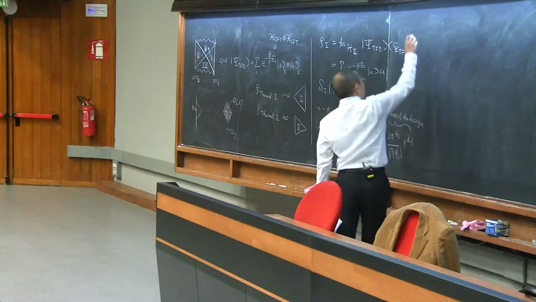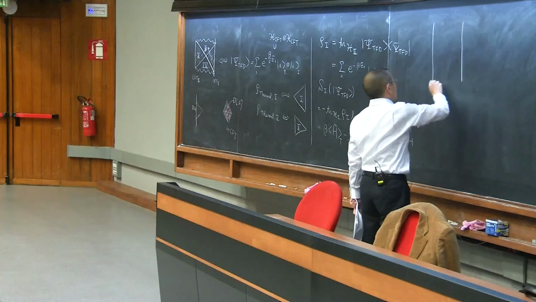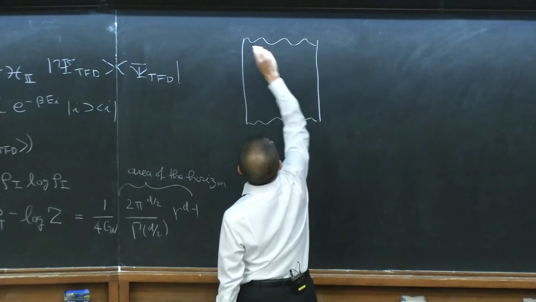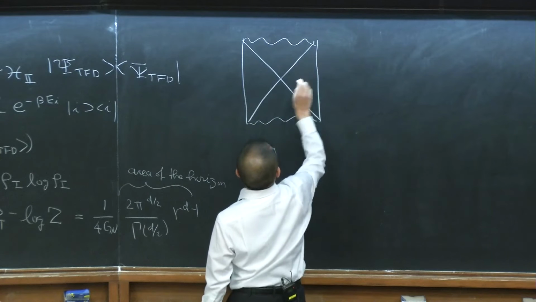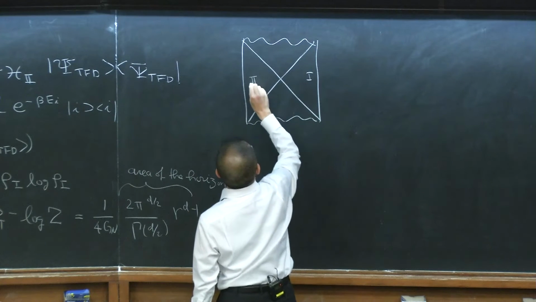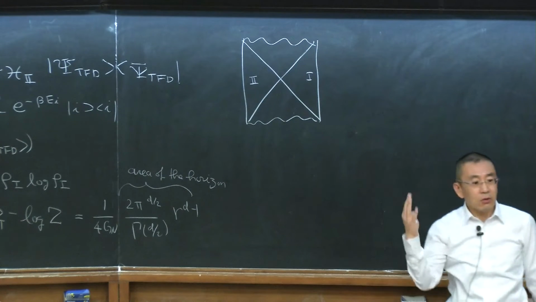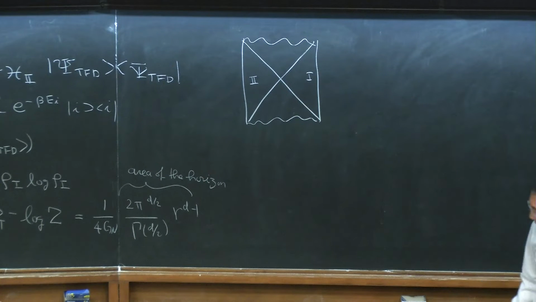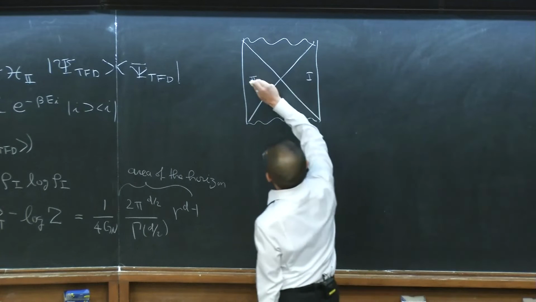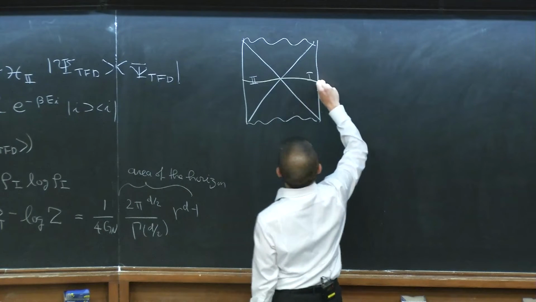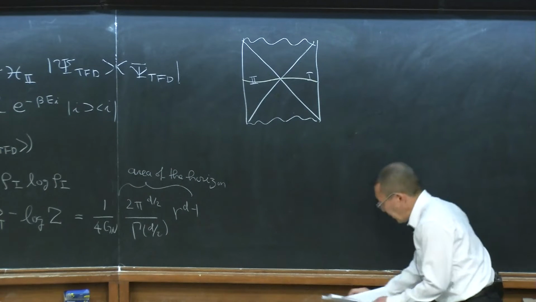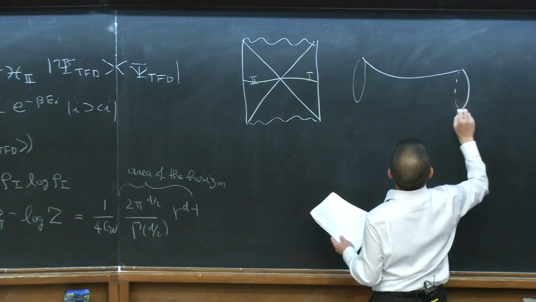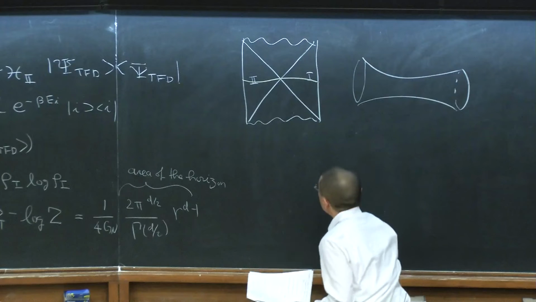Now this also has the following interpretation. As I pointed out yesterday, even though region 1 and region 2 are not causally related, they are geometrically connected. If you take a space-like section like that, the geometry looks like this.